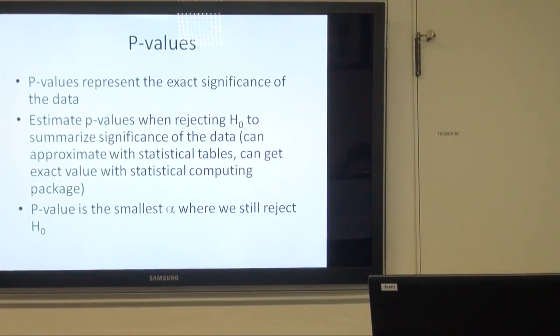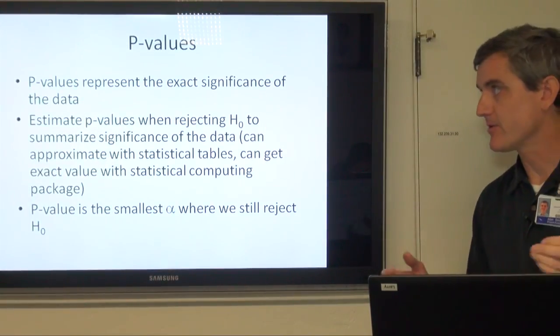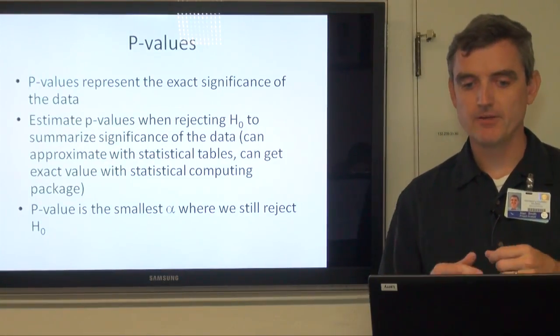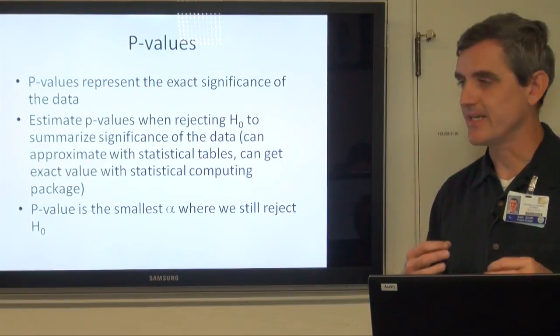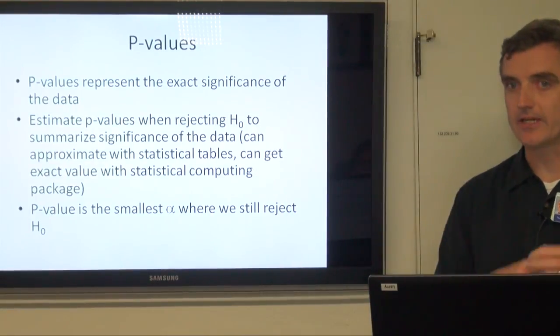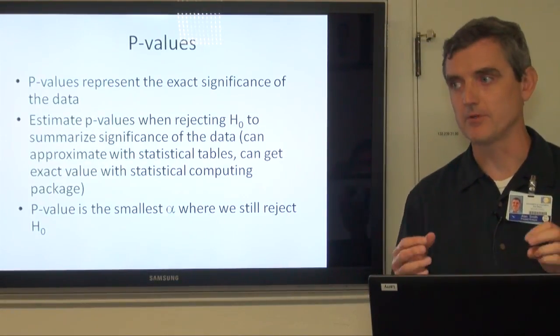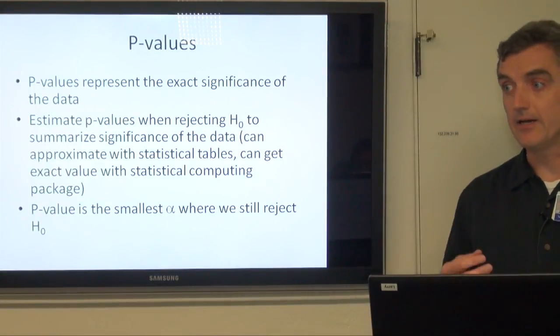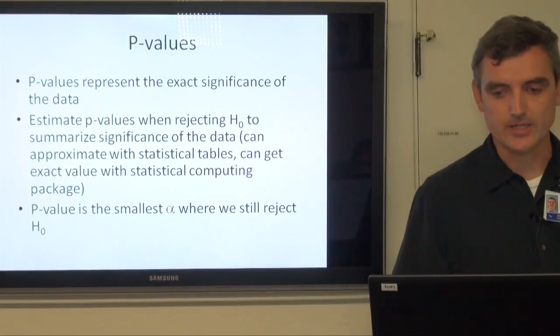Okay. The other way to test that hypothesis is to actually do what's called a hypothesis test and calculate a p-value. So the p-value is going to represent the exact significance of the data. So we can say the probability is less than 1 in 1,000 of seeing an outcome like this purely by chance.